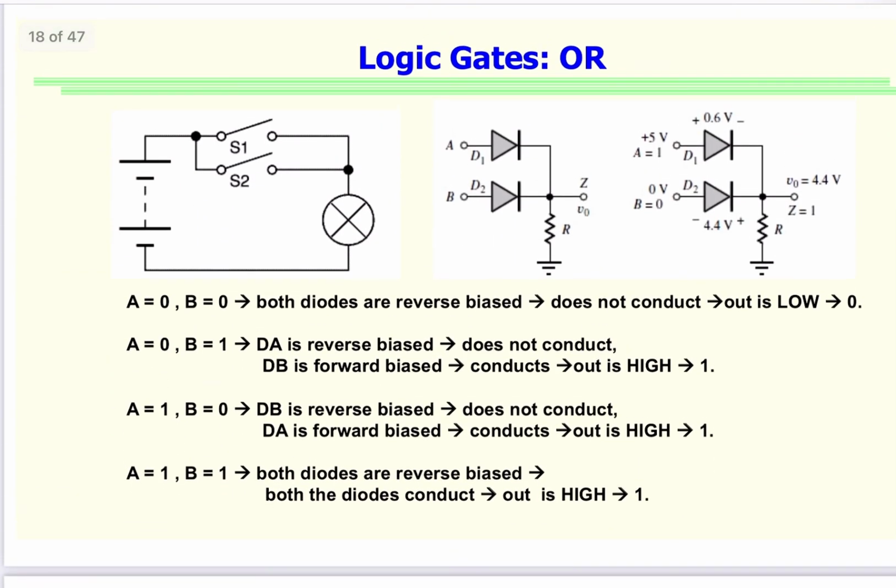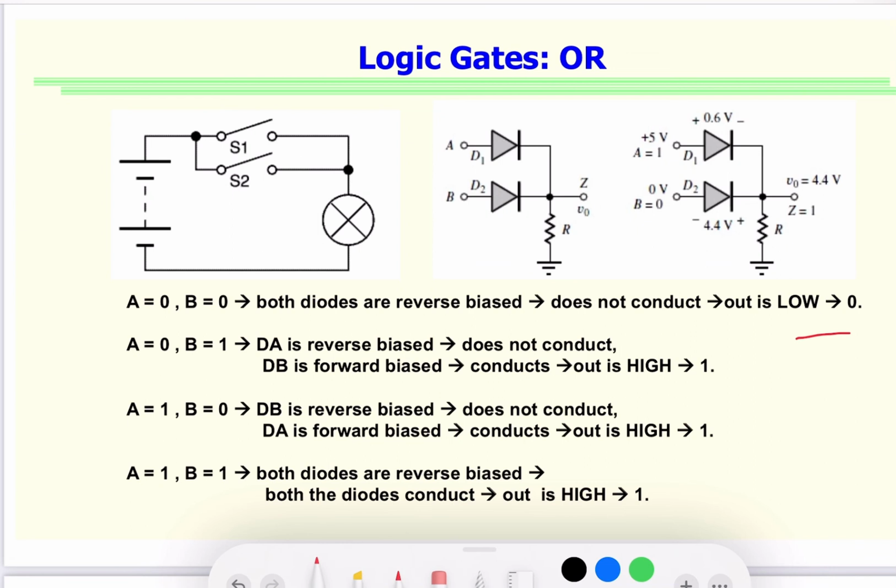In a similar way, for the OR gate, if both are reverse biased, they do not conduct, and the output is low. And if any one of them conducts, we get high voltage at the output. And again, these two switches can be thought of as forward bias and reverse bias, and their subsequent results that come from them.